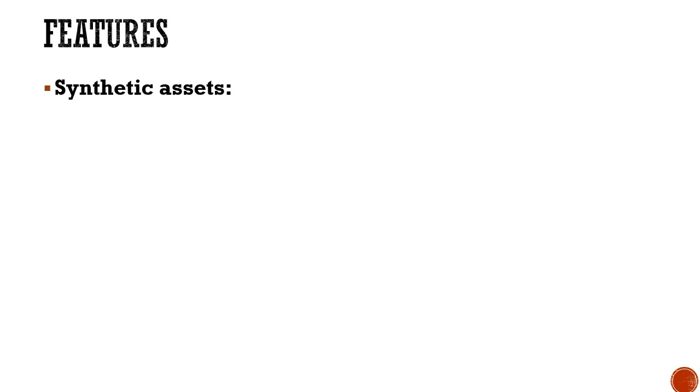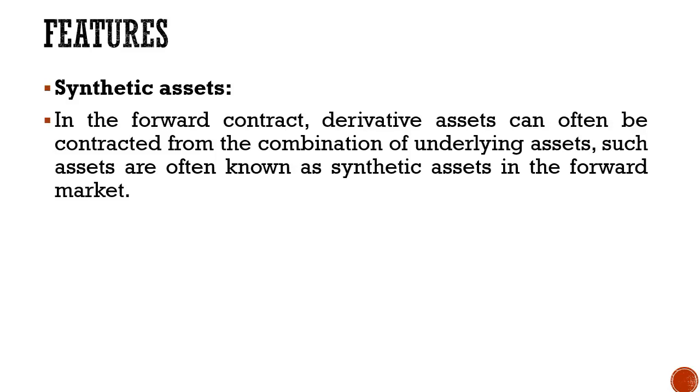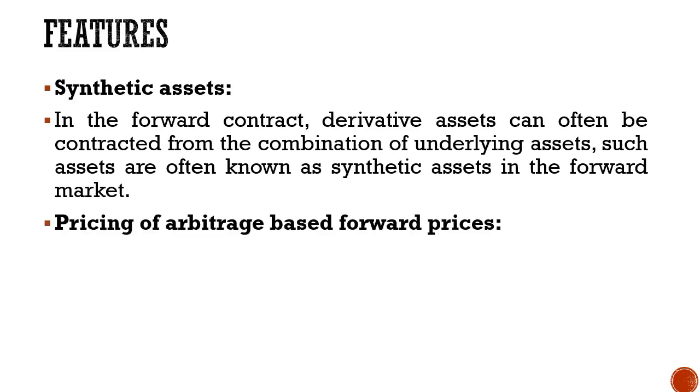The next feature is that it is a synthetic asset. In forward contract, derivative assets can often be contracted from the combination of underlying assets. Such assets are known as the synthetic assets in the forward market. Next, pricing, arbitrage based forward pricing.